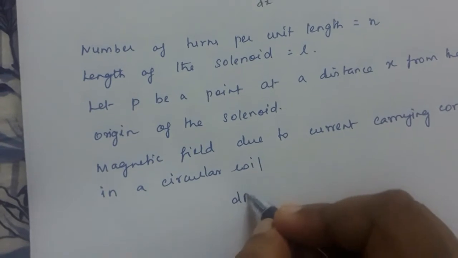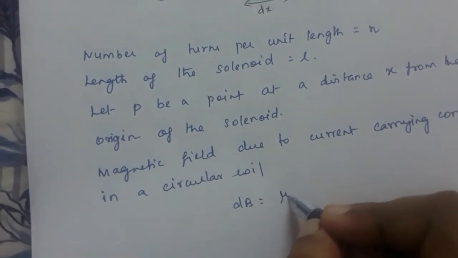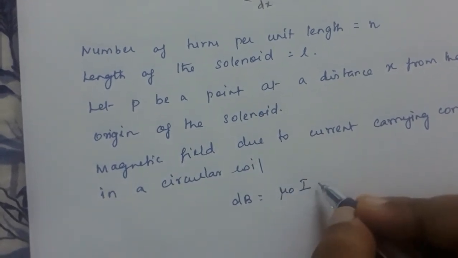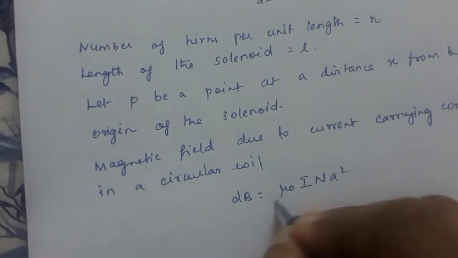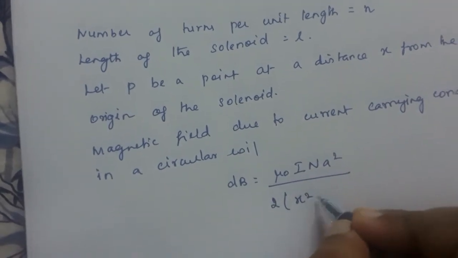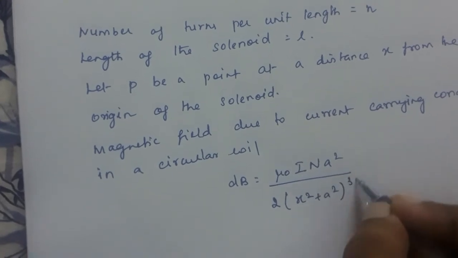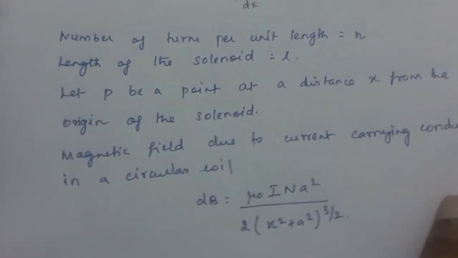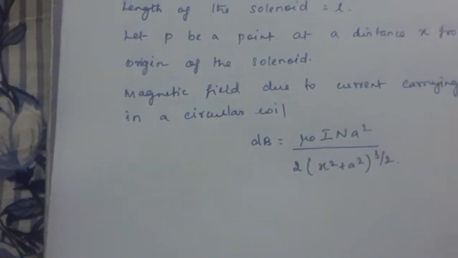That is dB is equal to mu 0 I N a square by 2 into (x square plus a square) the whole raised to 3 by 2. This is the formula. Okay.